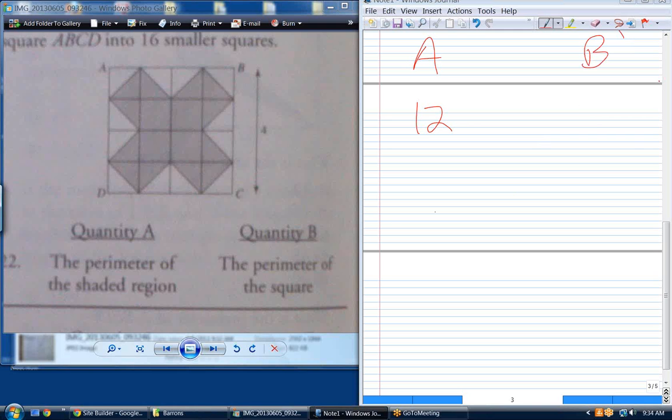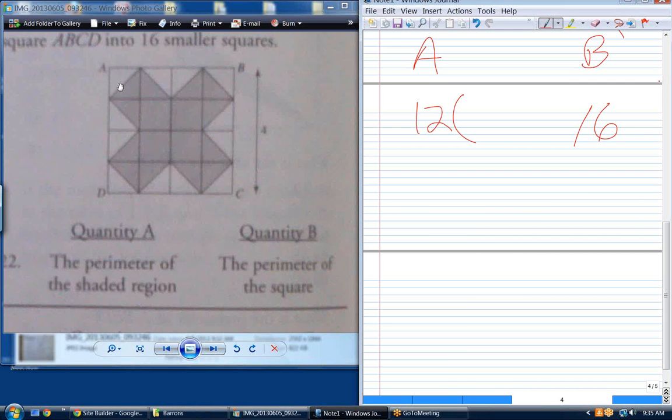In figure B, the perimeter of the square is 16. So what is the measurement of each diagonal, since we have 12 of them? And they made this relatively easy in that that's 1 and that's 1.